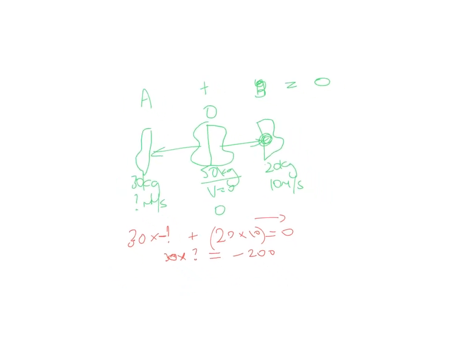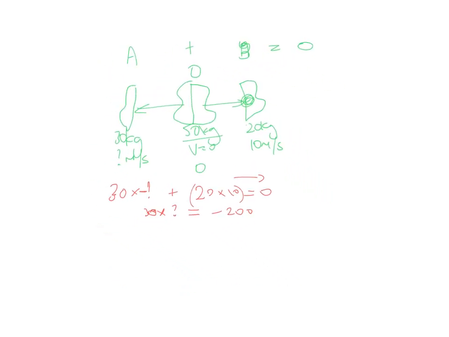We could work it out by saying that our velocity we don't know will be equal to how many times 30 goes into 200. Okay, in this case our velocity is going to be 6.67 meters per second. And it'll be a negative because it's to the left.